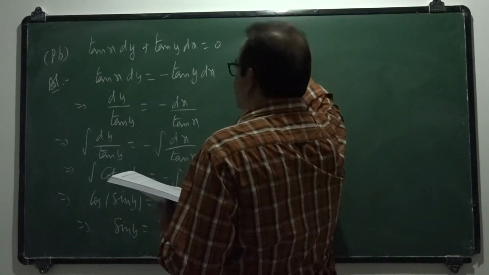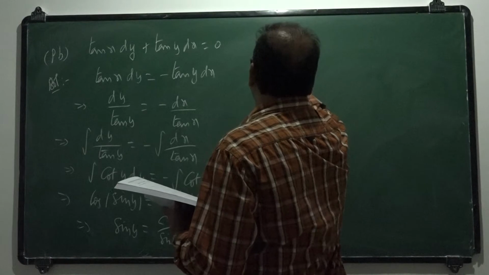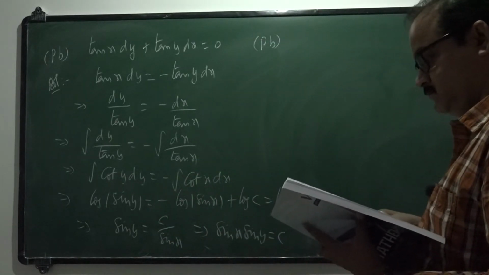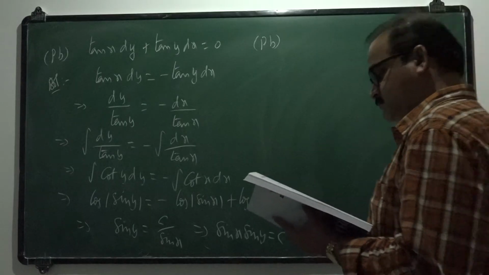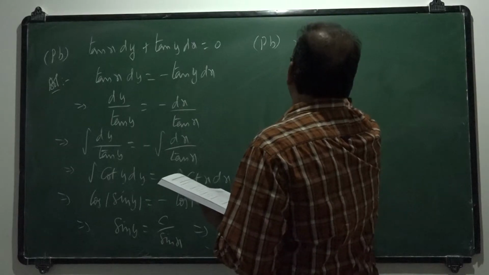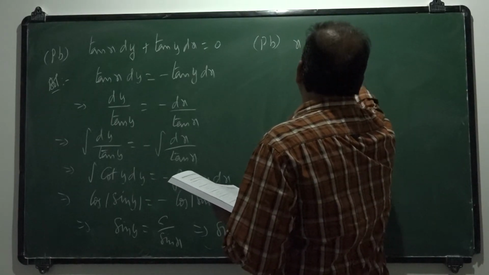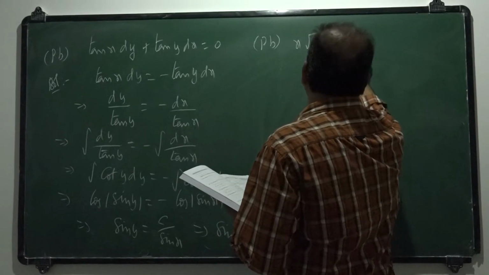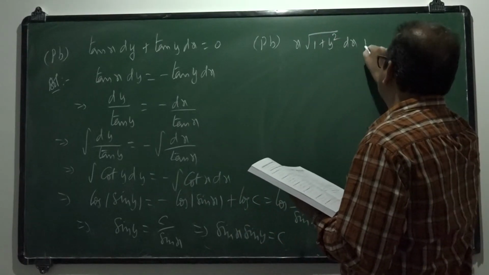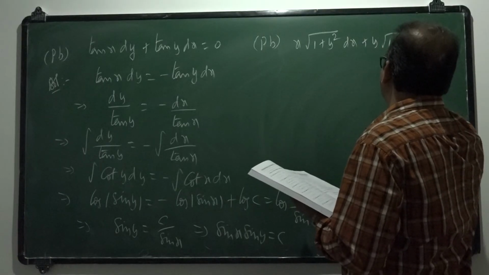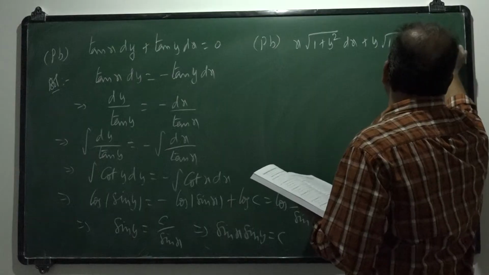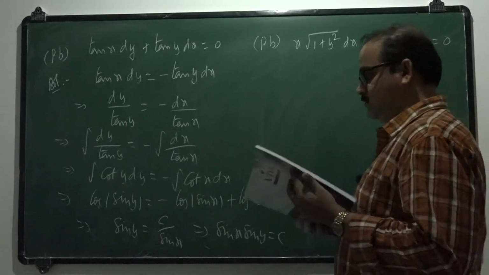Next, the solution of x into root 1 plus y square into dx plus y into root 1 plus x square into dy is equal to 0.